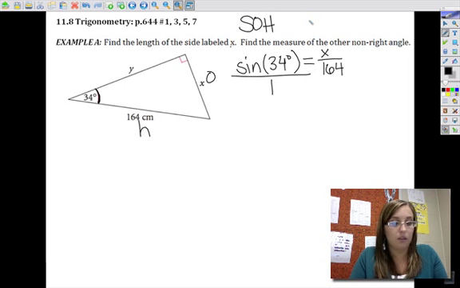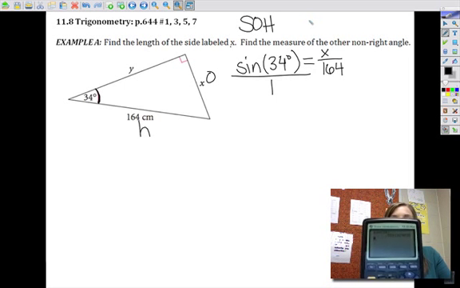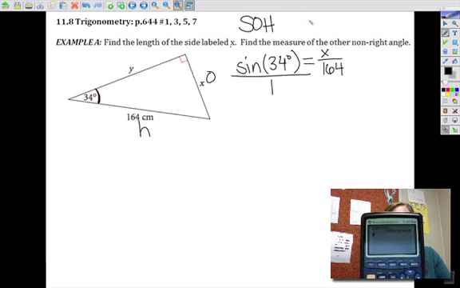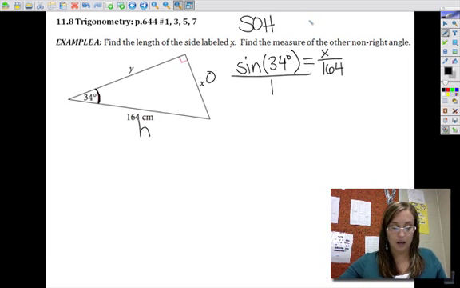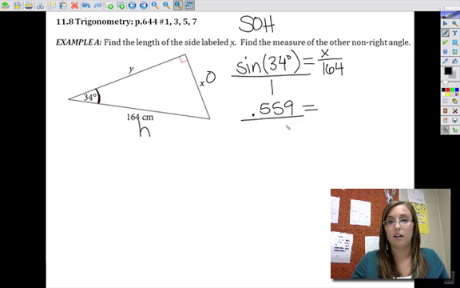And then once you know that it's set, you're just going to take the sine of 34 degrees and press enter. So hopefully you can see that. Okay, so I know that the sine of 34 degrees is 0.559. That means that 0.559 over 1 equals x over 164.